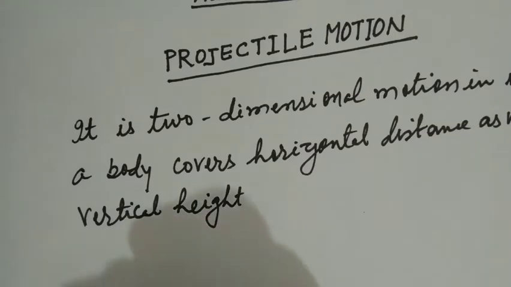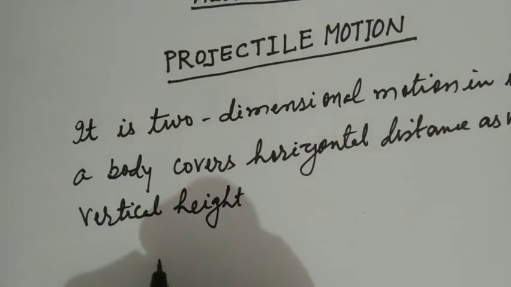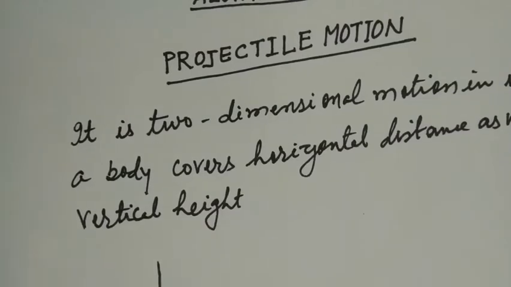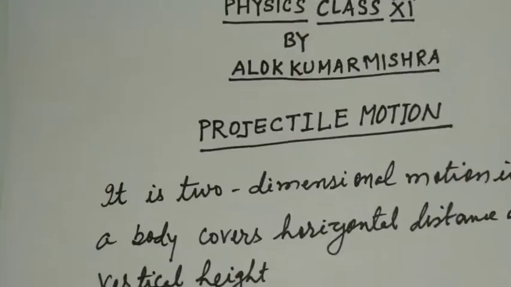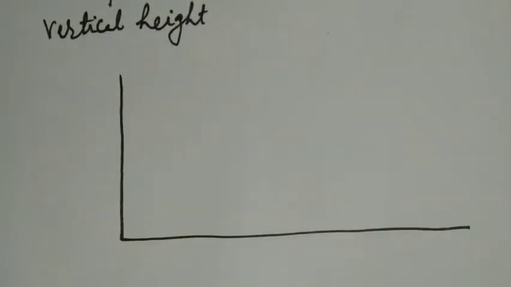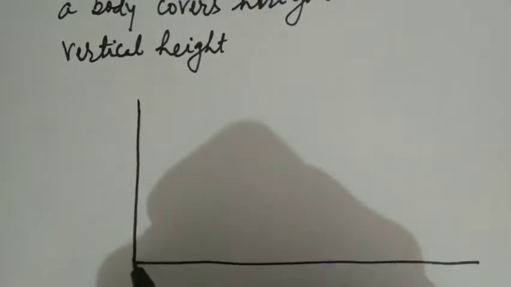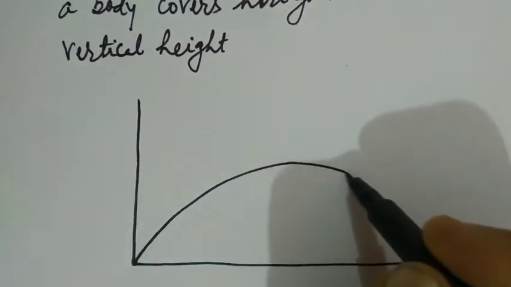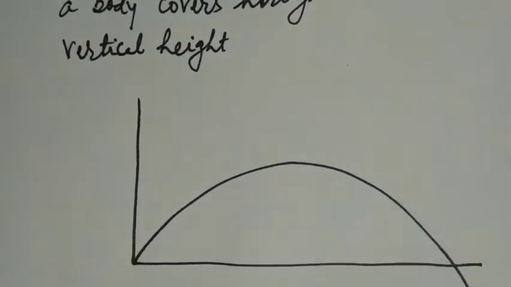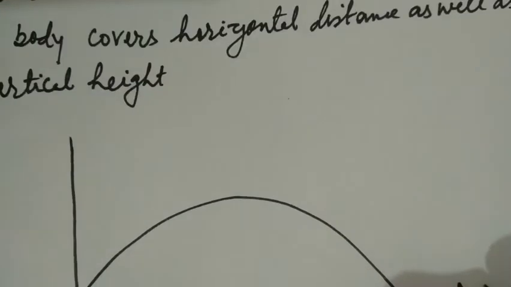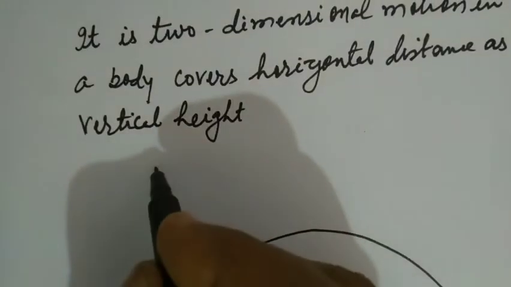We see that the body after some time reaches the ground. So what type of path will it follow? The path followed by the projected object is parabolic. This is the x-axis, this is the y-axis.